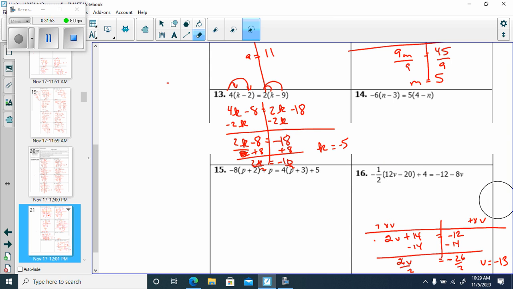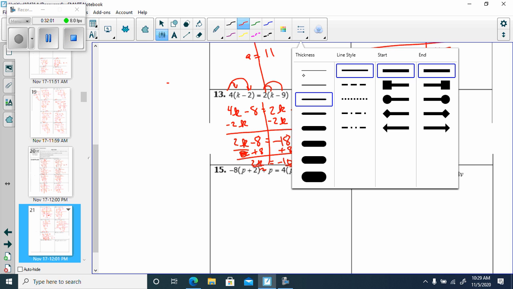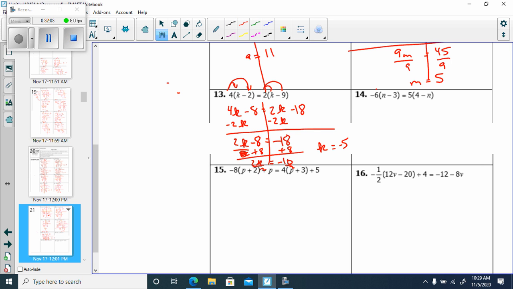Now let's look at number 14. I have distributive property once again on both sides. Negative 6 times n would be negative 6n. Negative 6 times negative 3 is positive 18. 5 times 4 is 20. 5 times negative n is negative 5n. If I'm solving for n, I want to get all the variables on this side, the numbers on that one.